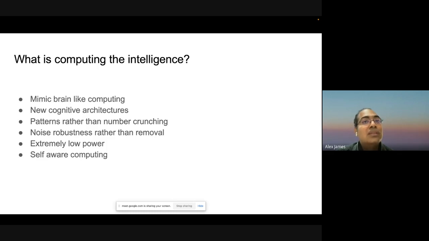So either way, there are several cognitive architectures over the years that people have come up with, and not all of them may be directly translatable to a hardware, but at least some of them can be converted to realistic, useful hardware.